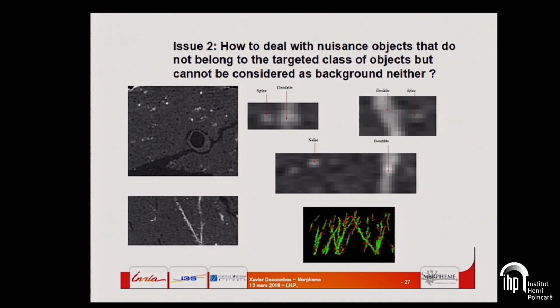Here the problem is that we have some objects of interest, and in this application it was this red thing. This is a dendrite, and what we are searching to detect is what is called the spine of the dendrite, some small balls around the dendrite, and they are important because the synapses are connected here.